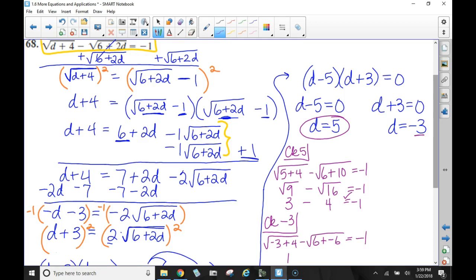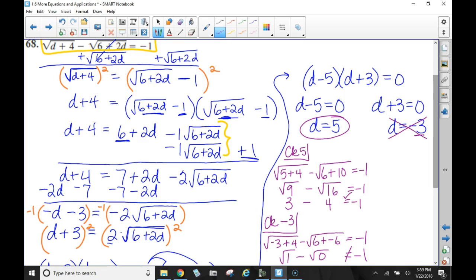Is that equal to negative 1? Square root of 1 is 1, minus the square root of 0. That's going to give me positive 1, not negative 1. That doesn't check. So there's another extraneous solution.